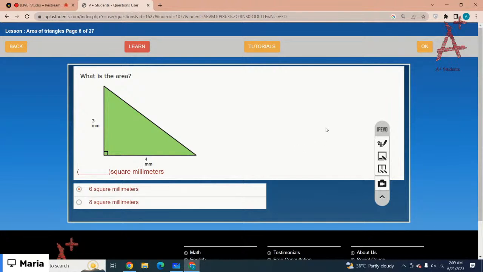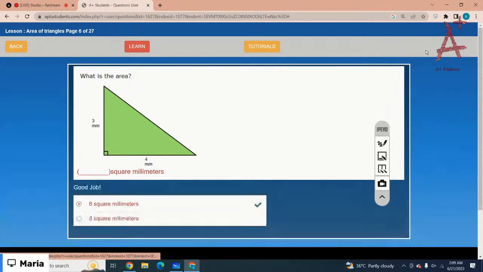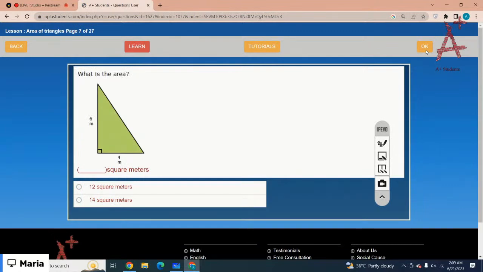So the correct option is 6 square millimeters. Got it? What is the area? Which is the correct option?